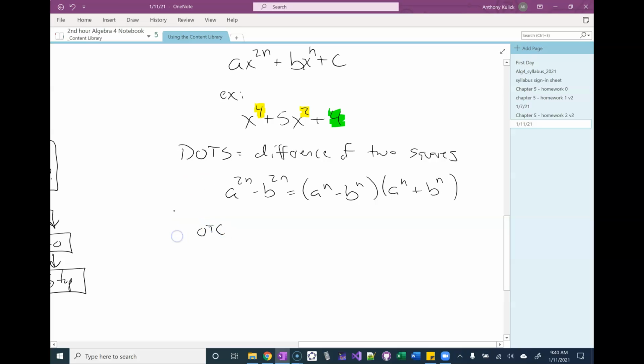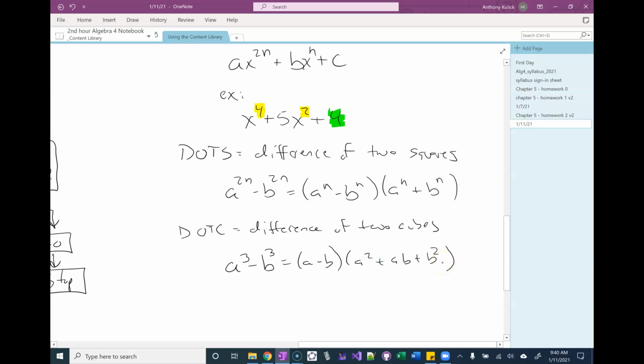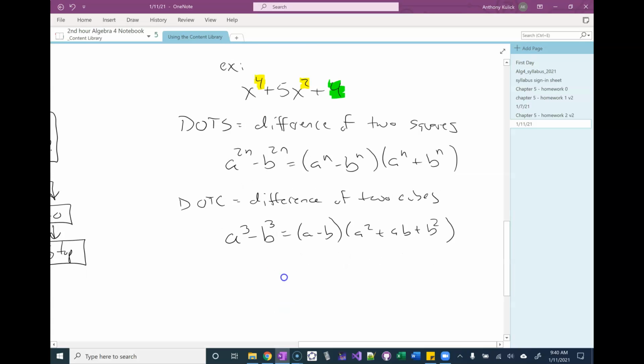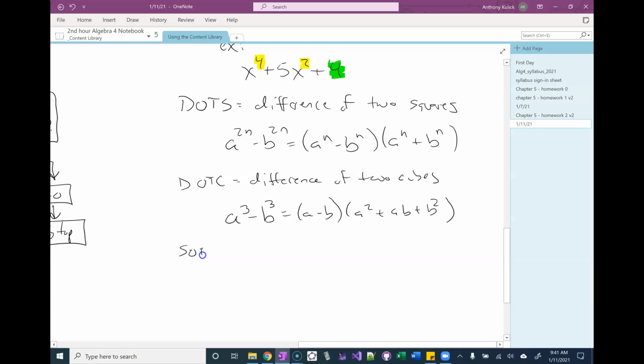Well, let's do difference of two cubes first. And similarly then, sum of two cubes.